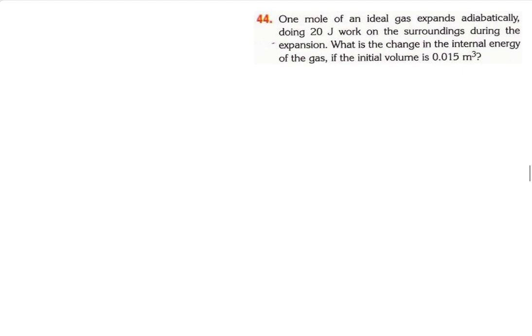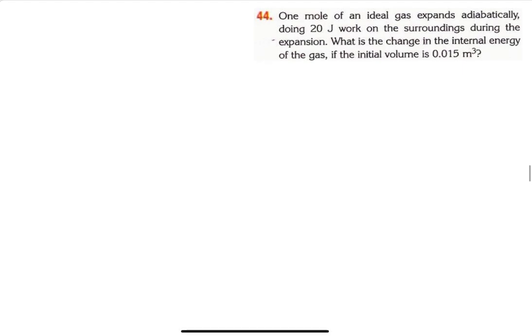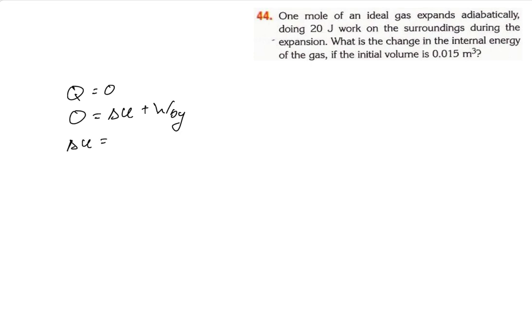Adiabatic means there is no heat exchange with the surrounding. So that means the first law of thermodynamics will be written in this way. Delta U is equal to negative work done by the system, or delta U will be equal to work done on the system.